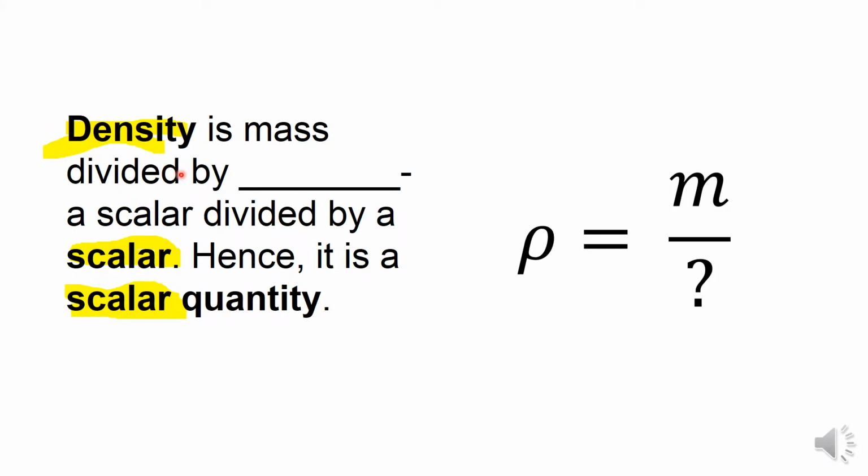Density is mass divided by blank. A scalar divided by a scalar. Hence, it is a scalar quantity. So what is mass, the dividend, being divided by in order to yield the quotient density? So basically, I'm asking you, what's the divisor here?